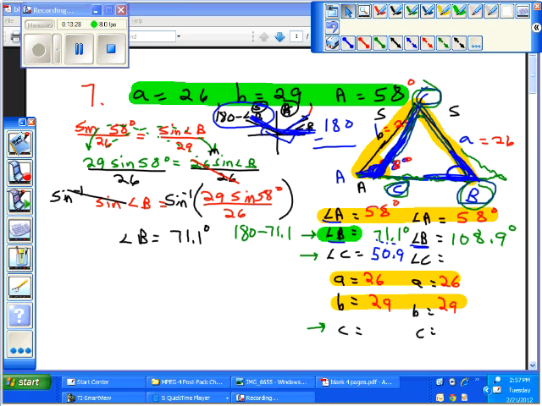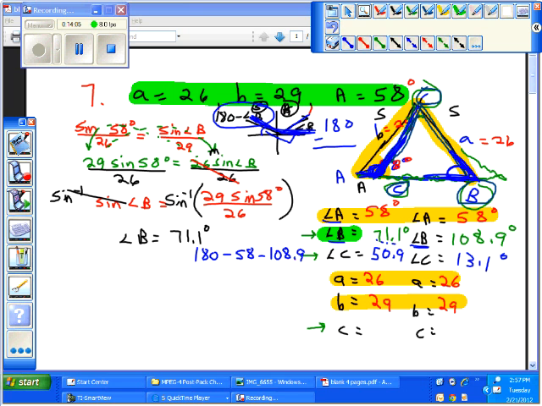All right. Now, when option 2 for angle B was 108.9, that makes the second option for angle C 180 minus angle A of 58 minus the second option for angle B, which is 108.9, and it did leave enough room for another angle C of 13.1 degrees. That means that in this particular scenario, there's two possible solutions.